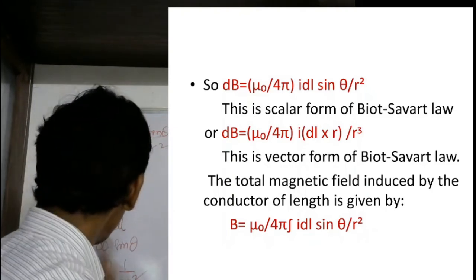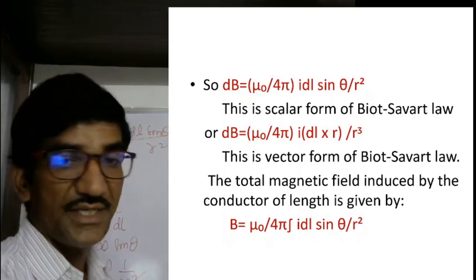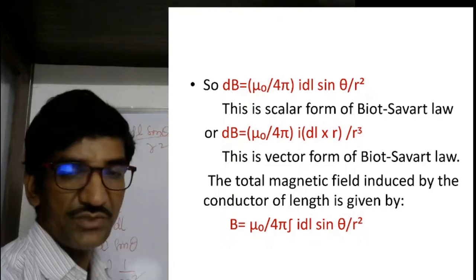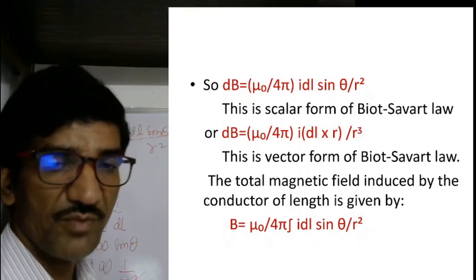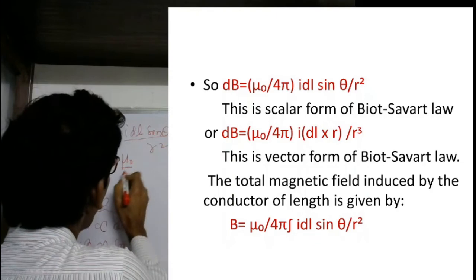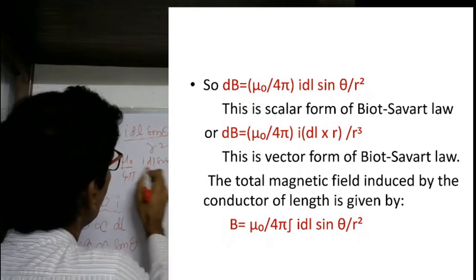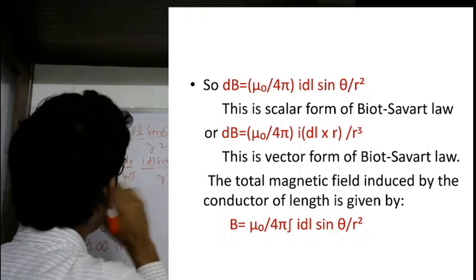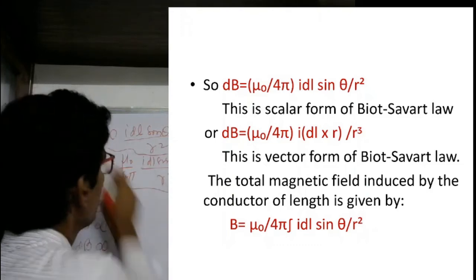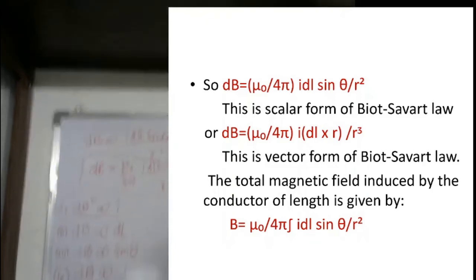So a single statement of all these 4 statements is dB is proportional to I dl sine theta by r square. If you remove this proportionality sign, you have to introduce a proportionality constant. Here this is magnetism, that's why you have mu naught by 4 pi. So your dB is now mu naught by 4 pi, I dl sine theta by r square.